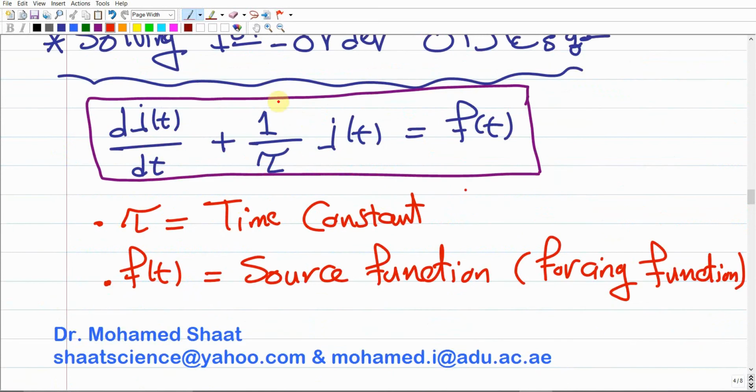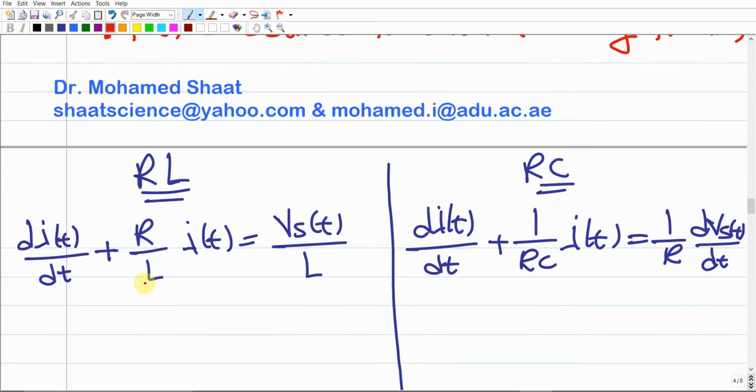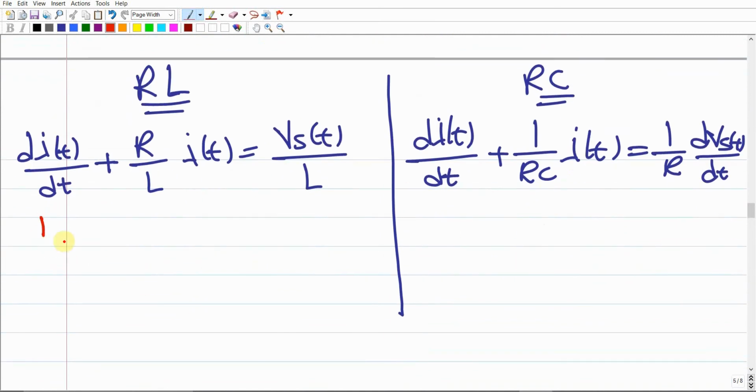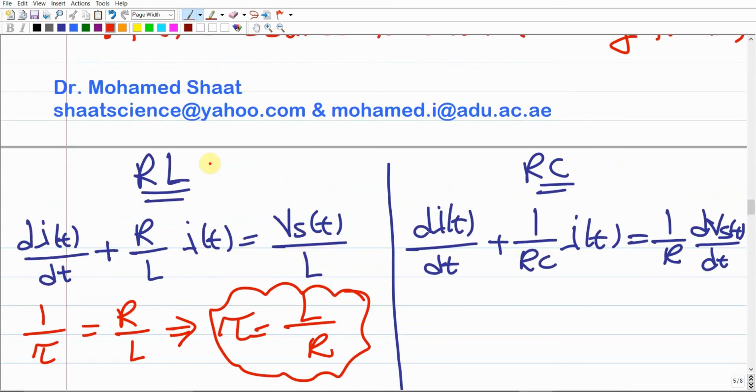The second term should be 1 over tau times I; here it's R over L times I. So we can conclude that 1 over tau equals R over L, and therefore tau, the time constant, is L over R, where L is the inductance and R is the resistance of the resistor in the circuit that includes just R and L. Make sense?